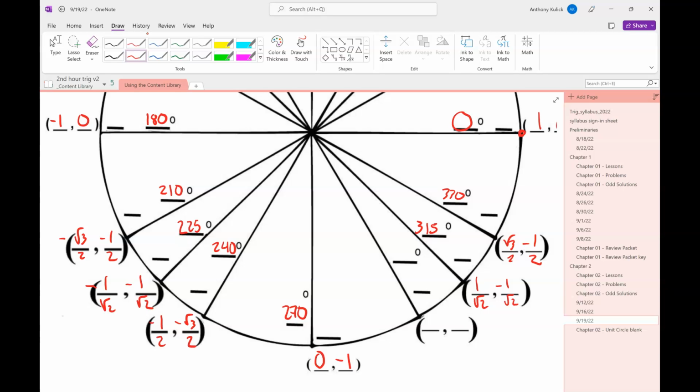And then in this quadrant, we are at 300. So x is positive, y is negative.